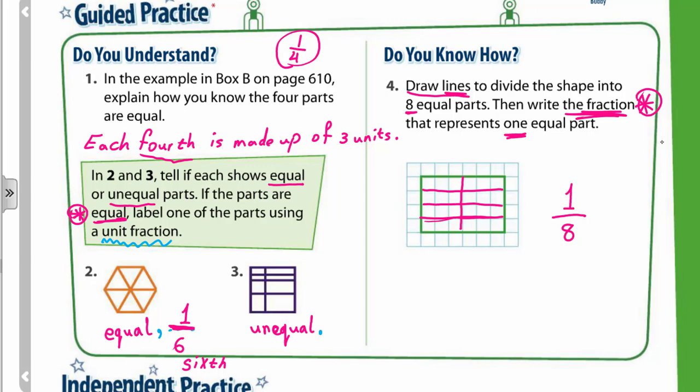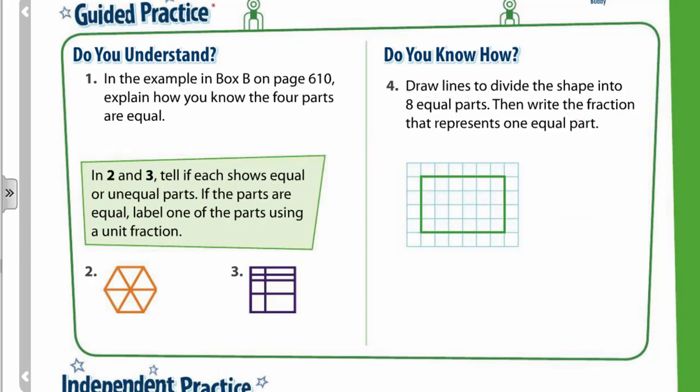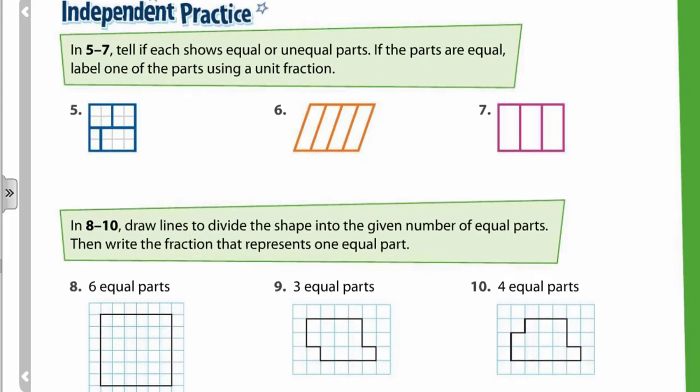Go ahead, everyone, quickly. Ten seconds, and we move.